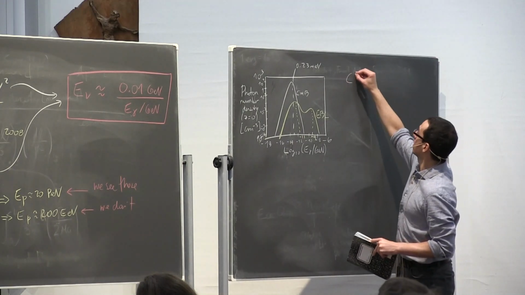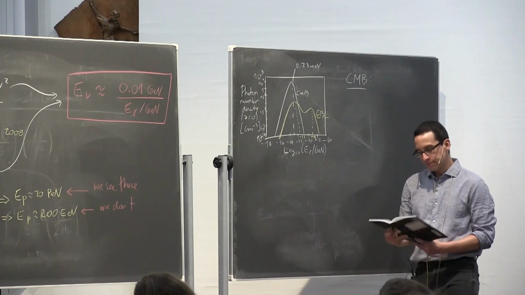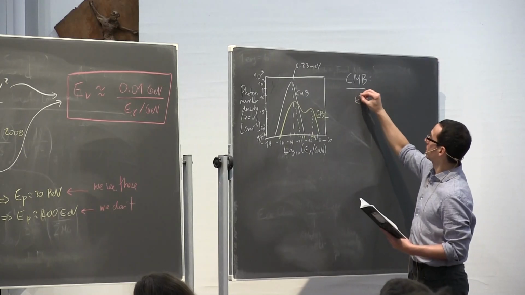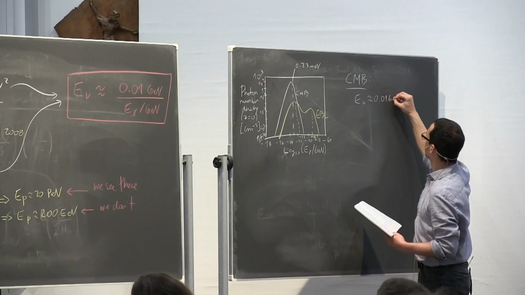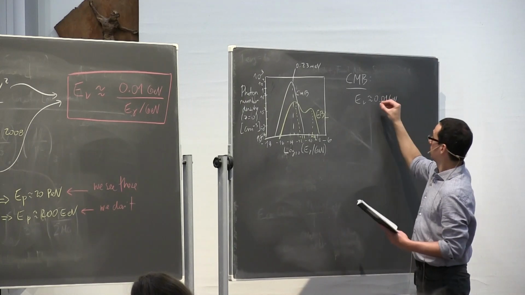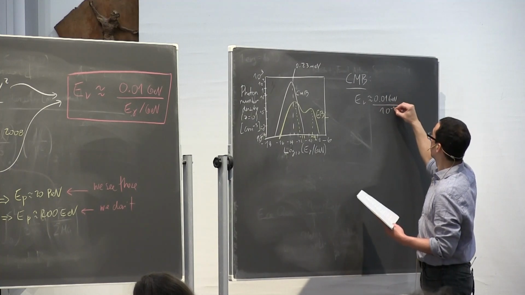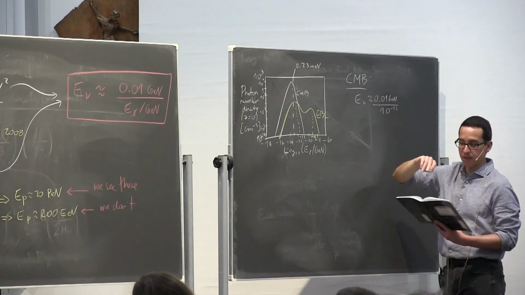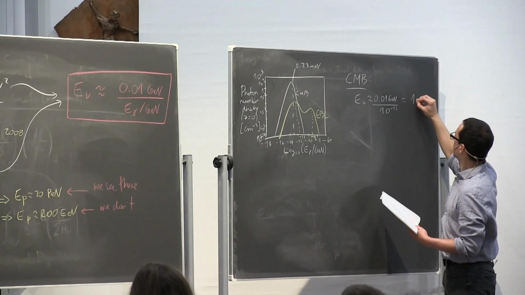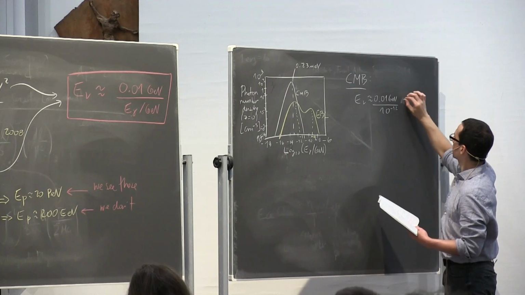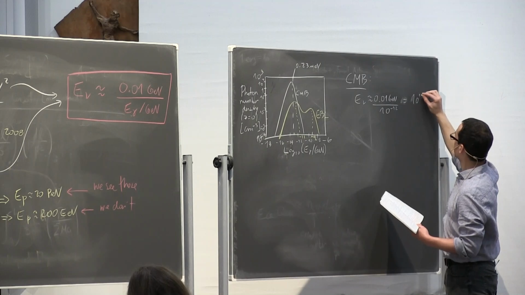And if we think about the CMB first, then the neutrino energies are roughly, again, 0.01 GeV divided by 10 to the minus 12. So this is about 0.1 millielectron volts. And that is 10 to the 10 GeV, 10 to the 19 eV.